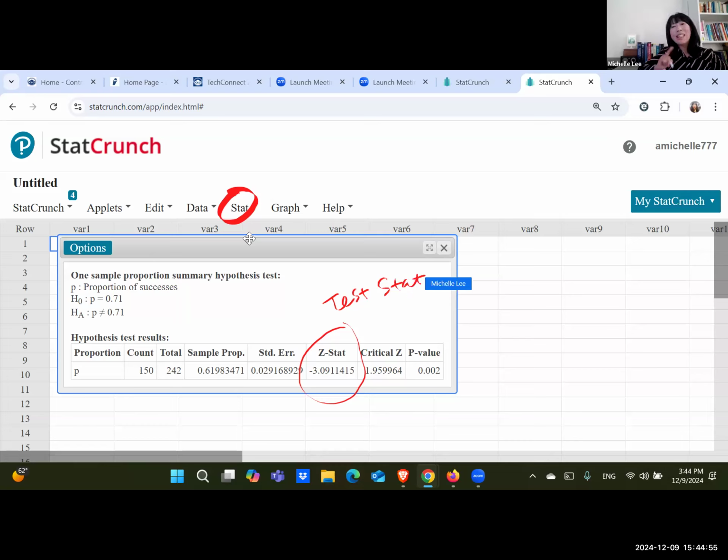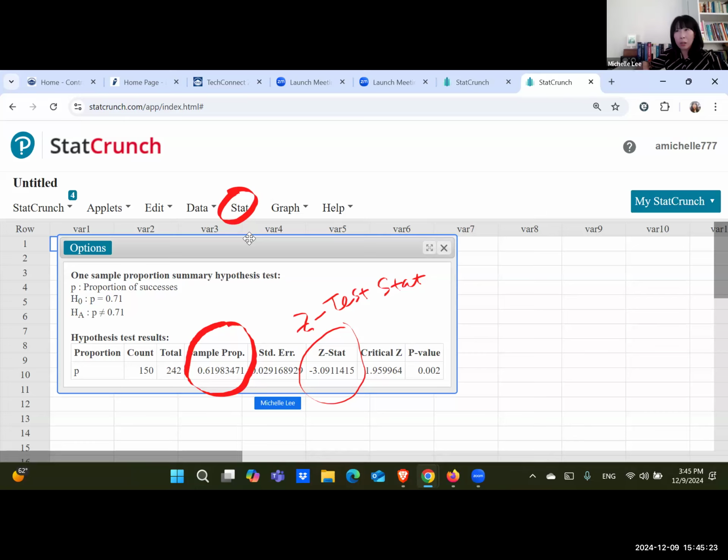We will learn the t test statistic later on. I mean, we learned it already, right? So let's make a z test statistic for this one. Okay, they said round to two decimal places, so it will be negative 3.09. Okay, the sample proportion here, right?